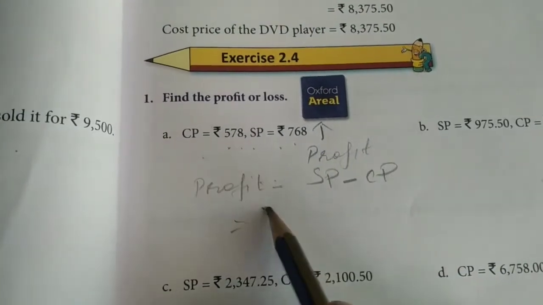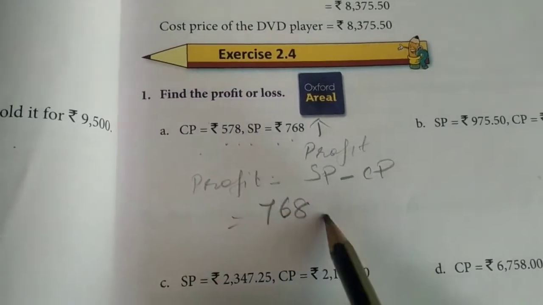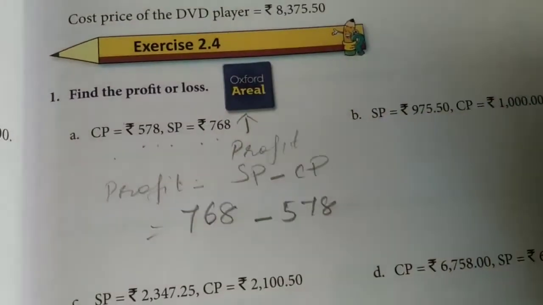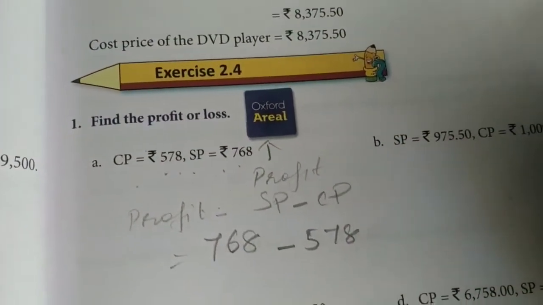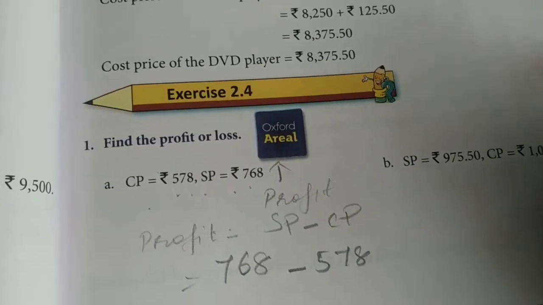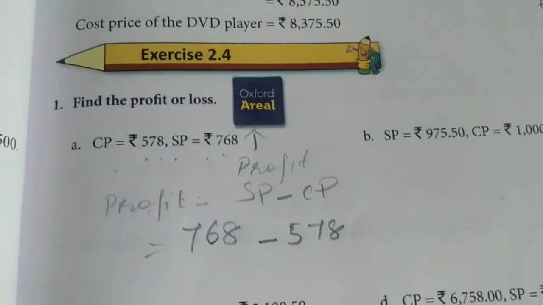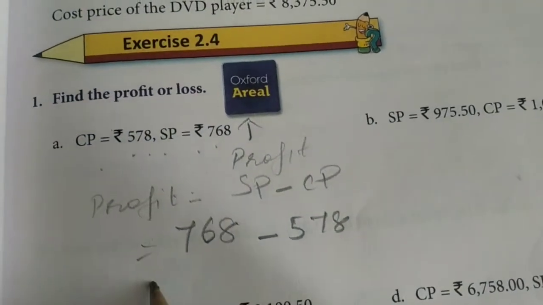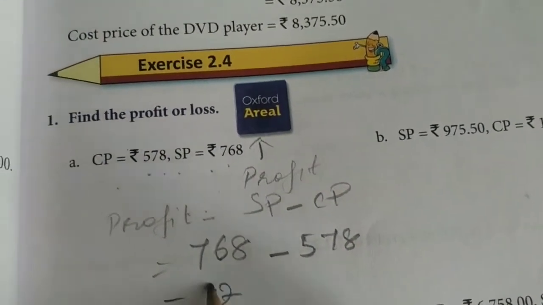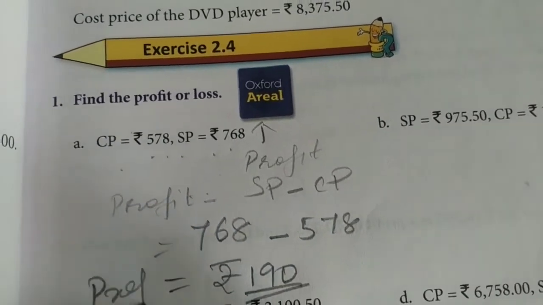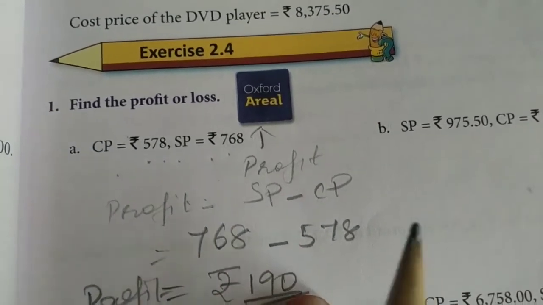What is SP here? 768 minus 578. Please do the calculation along with me. Please do the subtraction, my dear kids. What is the answer? It is rupees 190. So the profit is rupees 190.